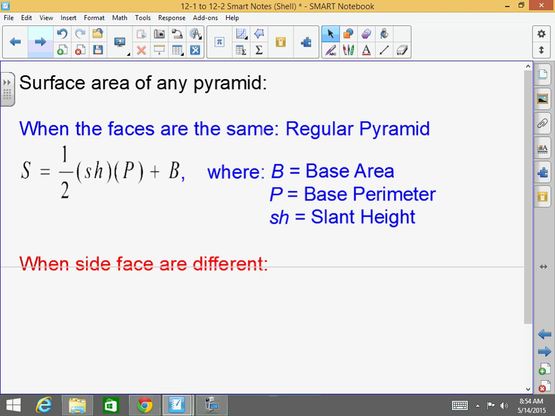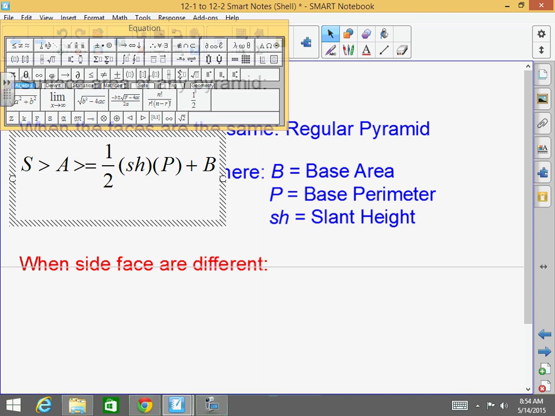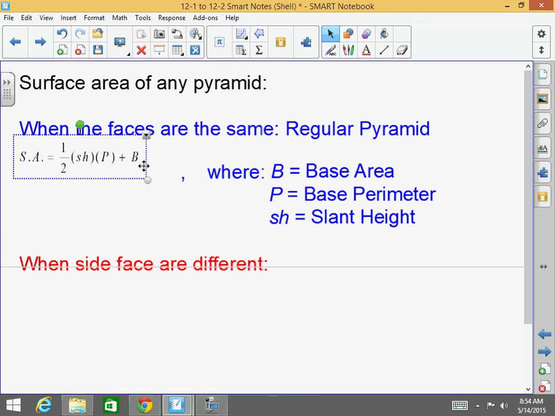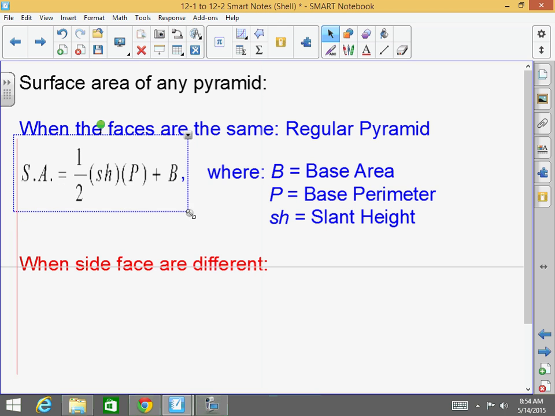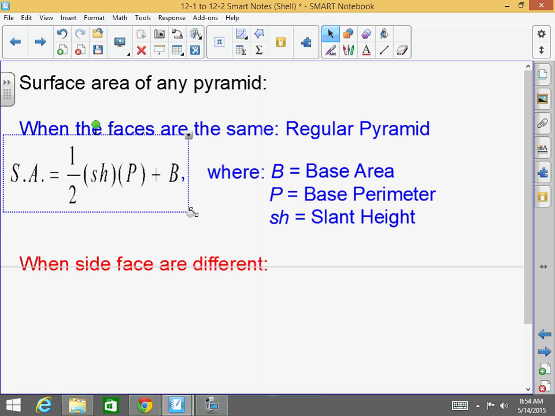So the surface area, SA, of any pyramid, that's the beautiful thing about these equations, is one half of slant height times perimeter plus the base area.